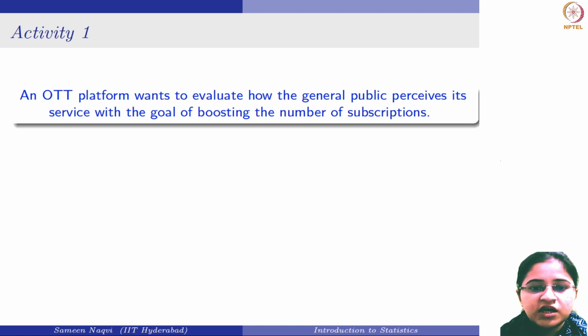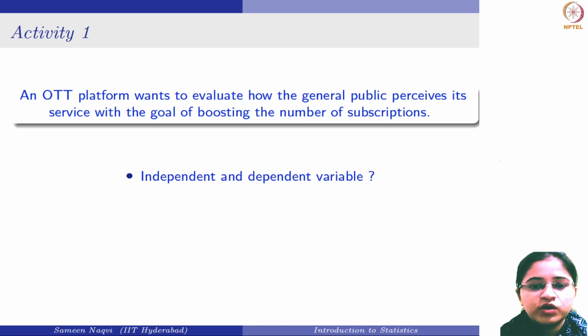Now in this, can you identify what is the independent and what is the dependent variable? So if you see, the independent variable is basically the public's perception towards a service, and the dependent variable is the number of subscriptions.